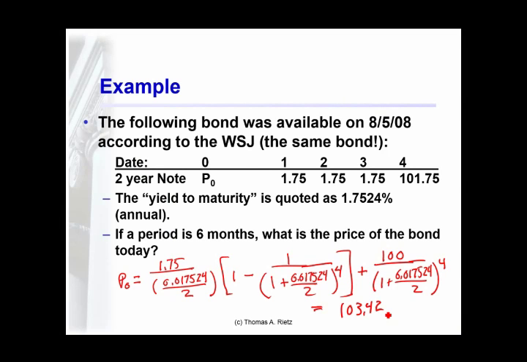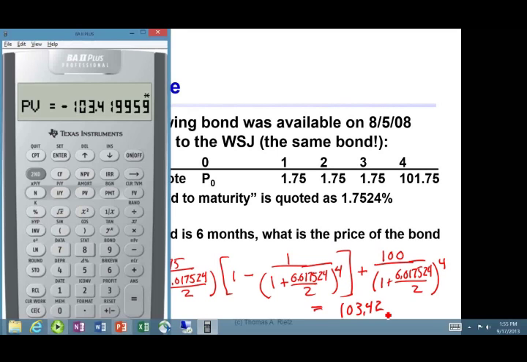The reality is, most of the time you're actually going the other way. What you'll be putting in is the present value, 103.42. That's how much it will cost you, negative cash flow, as the price today.